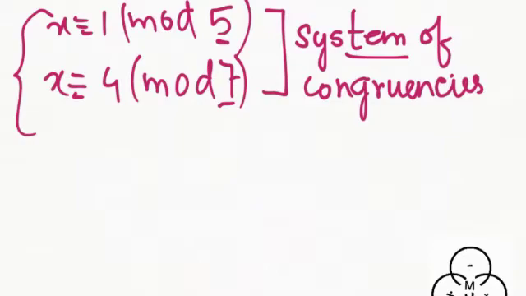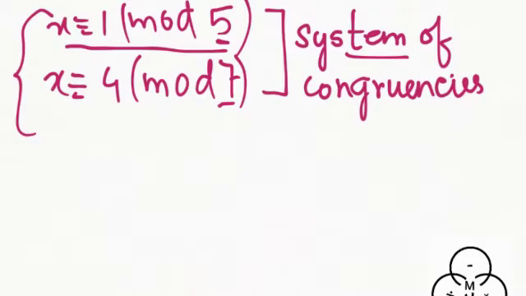Now, how to use it? The Chinese remainder theorem is not a very unique concept. It is a very simple concept, simple to understand. Have a look at the system of congruencies here. X is congruent to 1 modulo 5. So what does that mean?